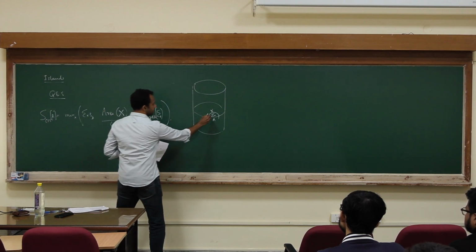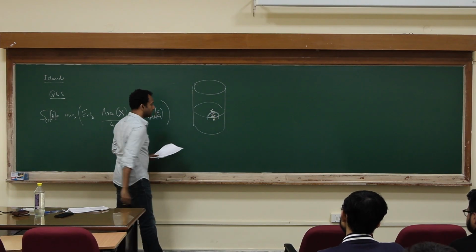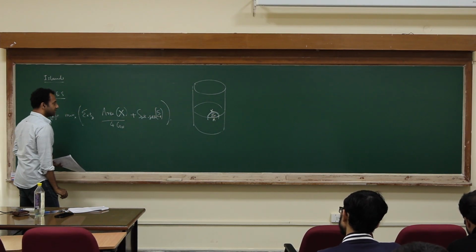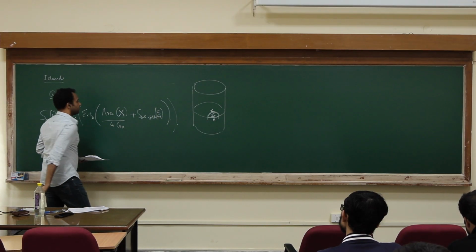These two surfaces are codimension 2 and this is codimension 1. This is some spatial slice. And the prescription is that you extremize this thing.